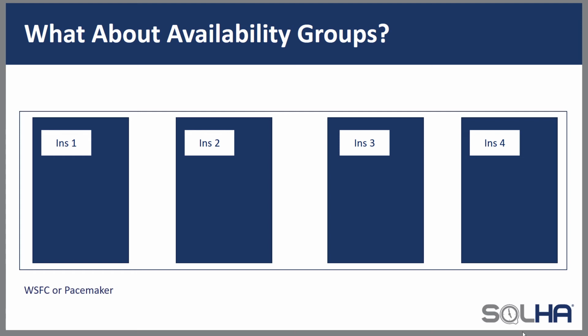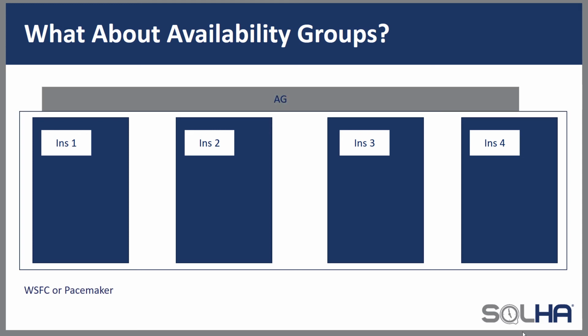So assume here that you've got a 4-node cluster, either Windows Server failover cluster or Pacemaker. Each one has its own standalone instance because you don't have to have an FCI to have an availability group. I could configure, say, an availability group only between instances 1 and 2, and one between instances 1 and 3. I could have an AG that spans all 4 of these instances.